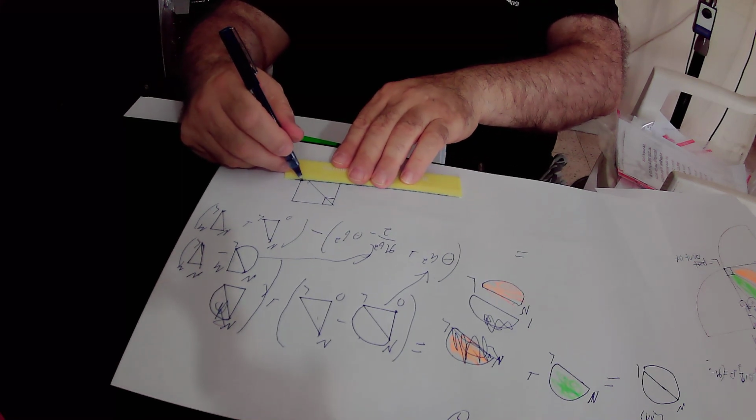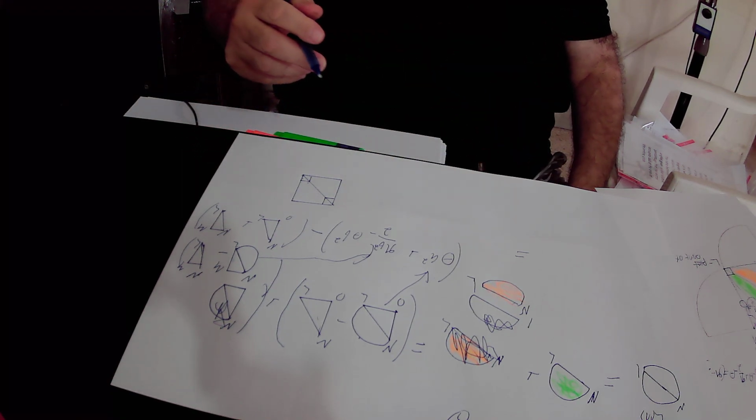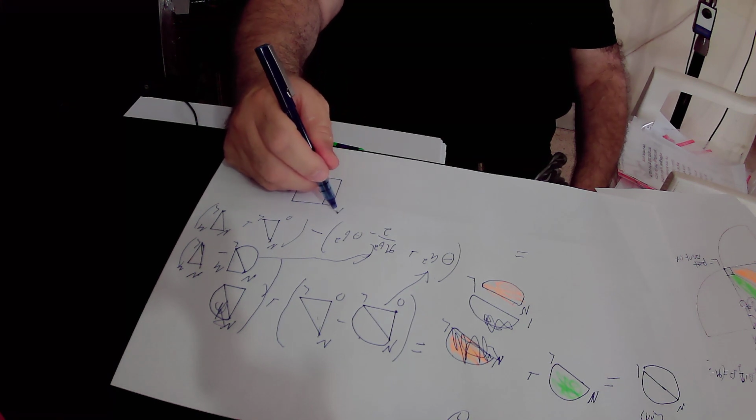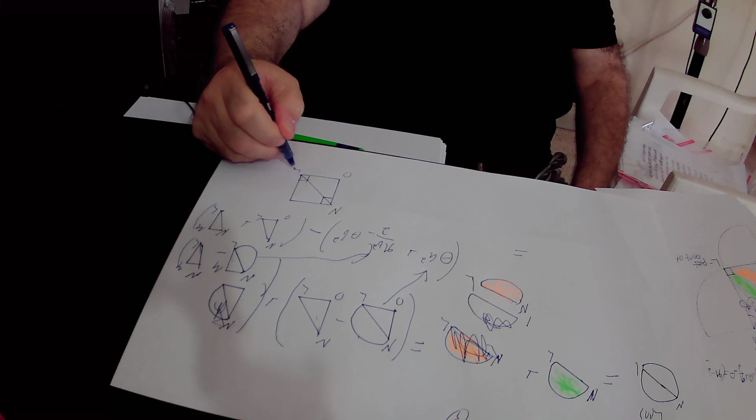So we combine the two triangles together and created a quadrilateral NOLM.